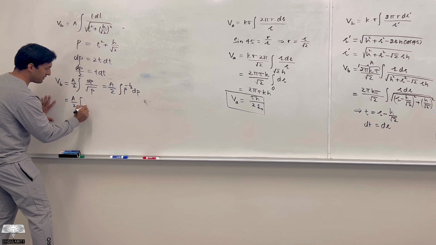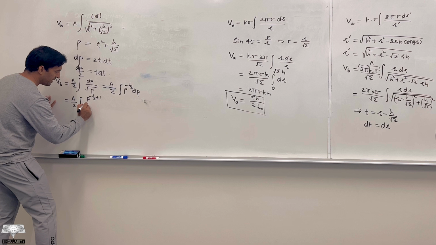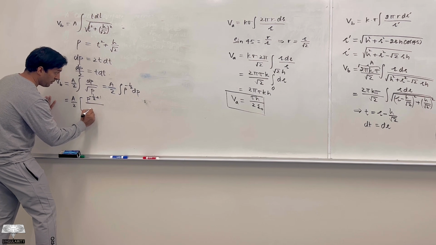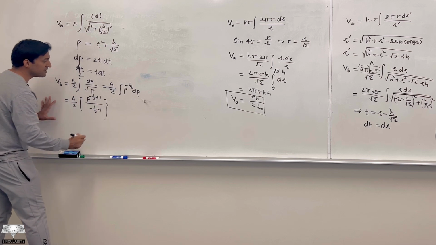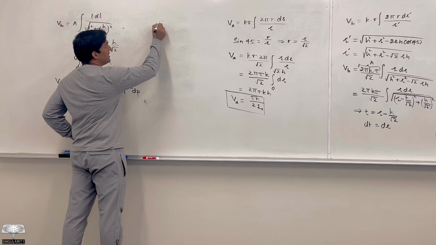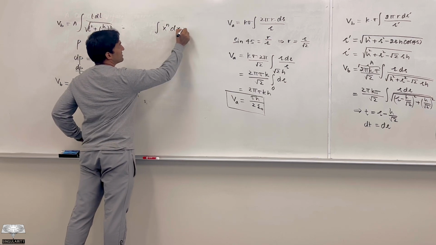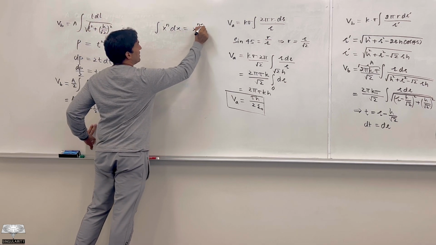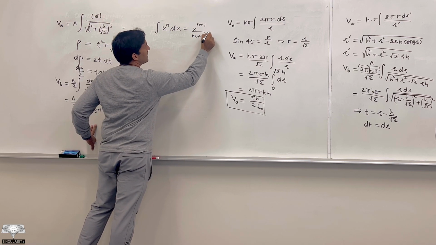The integral of this factor is simply p power minus 1 by 2 plus 1 divided by minus 1 by 2 plus 1. This is the first thing that they tell you: if you have a function like the integral of x power n dx, then its integral is x power n plus 1 divided by n plus 1, plus some constant.